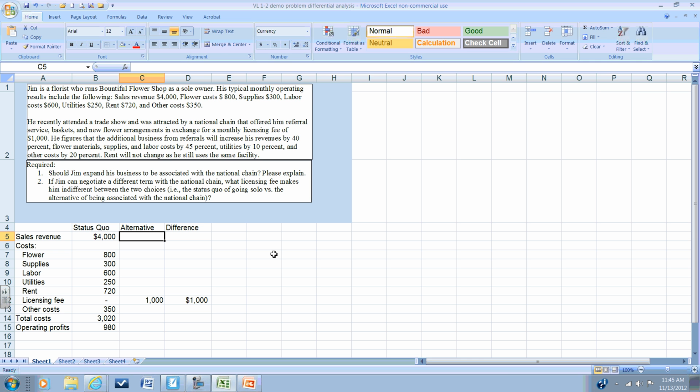The problem tells us that if he accepts the referral business, for his $1,000, he anticipates an increase in revenue of 40%. So we'll take the current revenue, multiply it by 1 plus the increase of 40%.